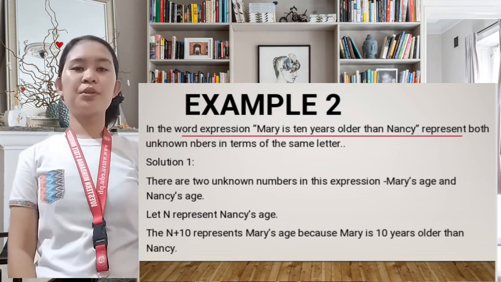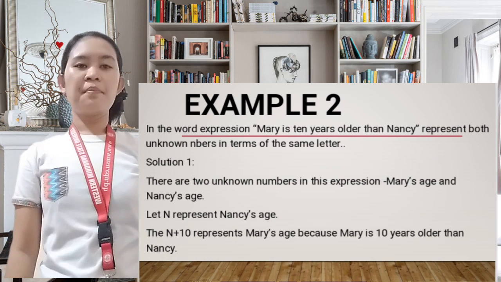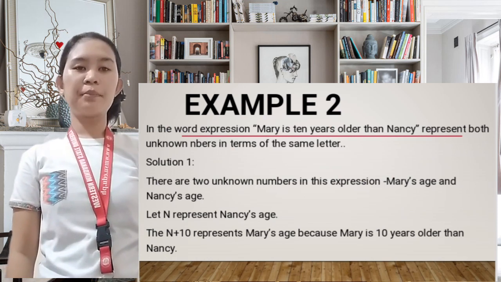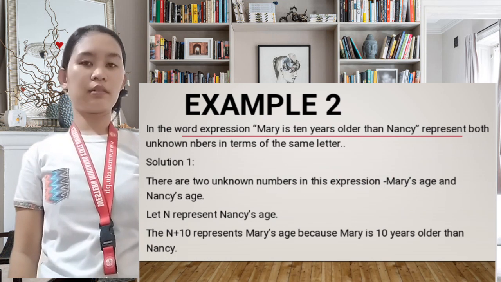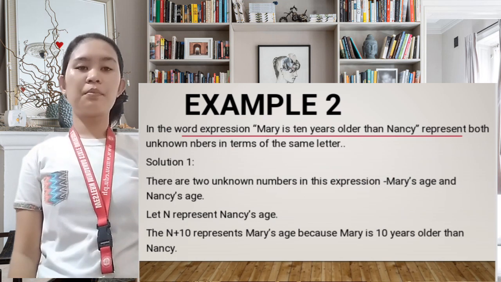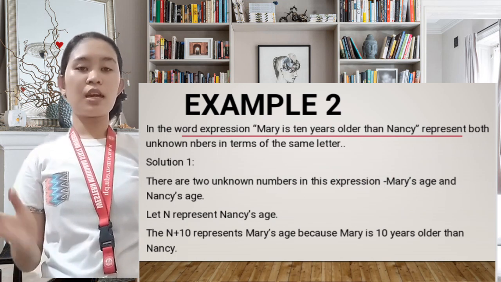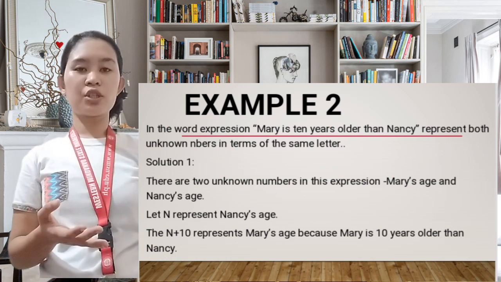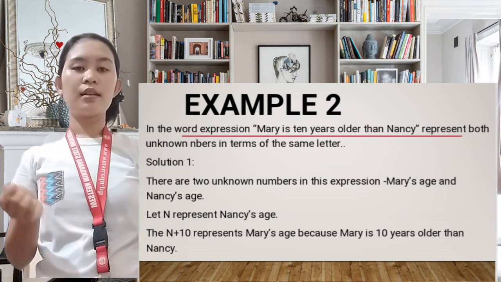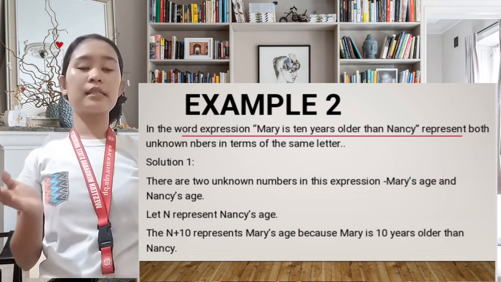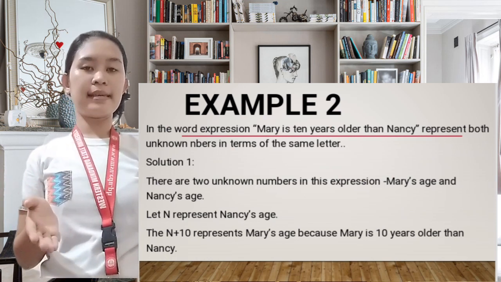In example number 2, the word expression, Mary is 10 years older than Nancy. Represent both unknown numbers in terms of the same letter. Solution number 1: there are 2 unknown numbers in the expression, Mary's age and Nancy's age. Let n represent Nancy's age. Then n plus 10 represents Mary's age because Mary is 10 years older than Nancy.